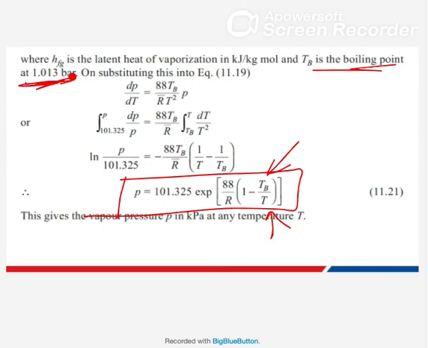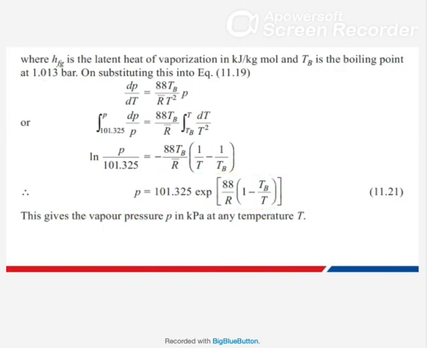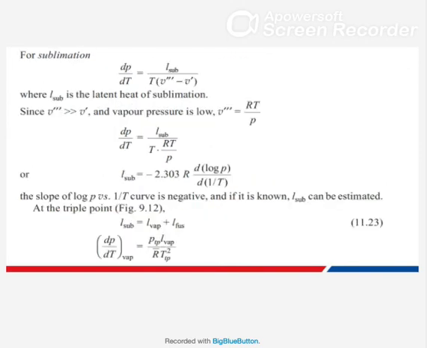So if you know the boiling point and any state point, then for that particular temperature you can calculate the corresponding vapor pressure also. This is the equation which you can use.